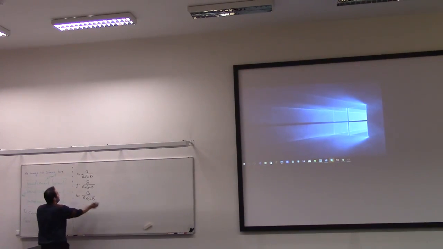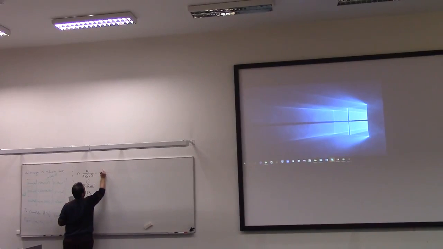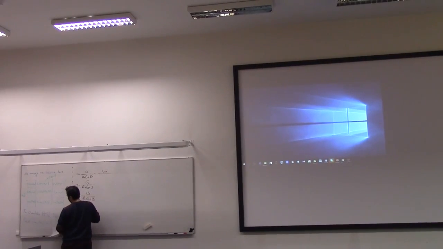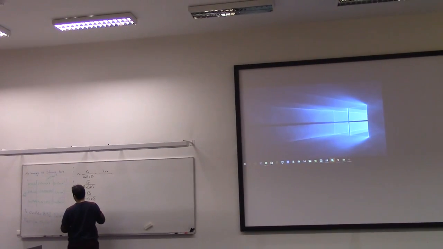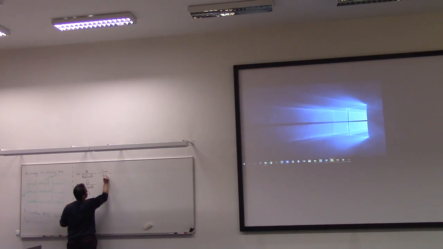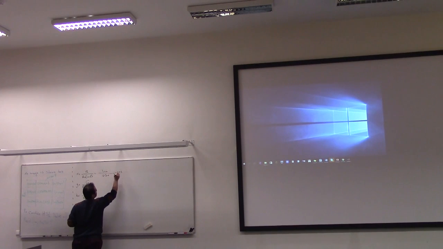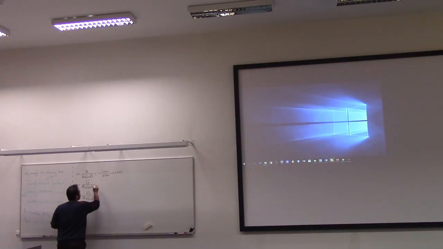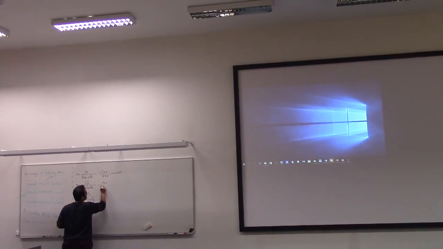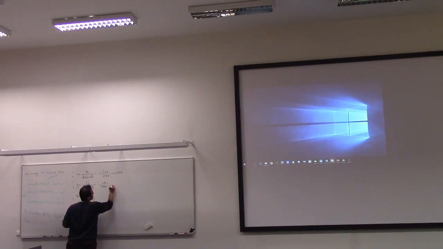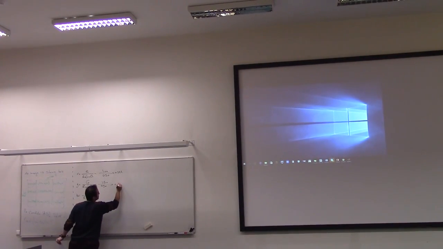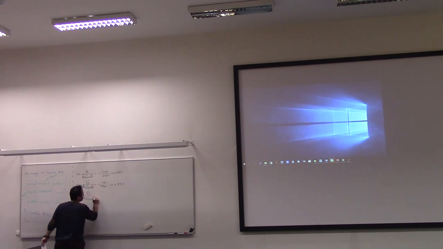For the first one, we have 100 divided by 450. That's equal to 0.222 approximately. For the next one, 150 divided by 450, it's equal to 0.333.